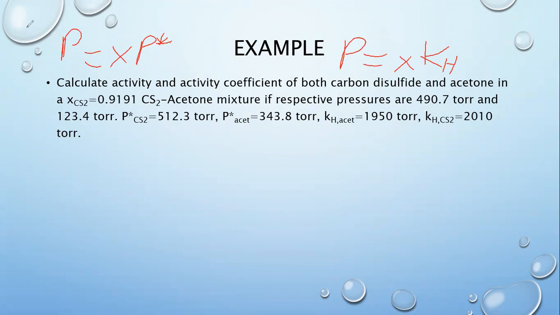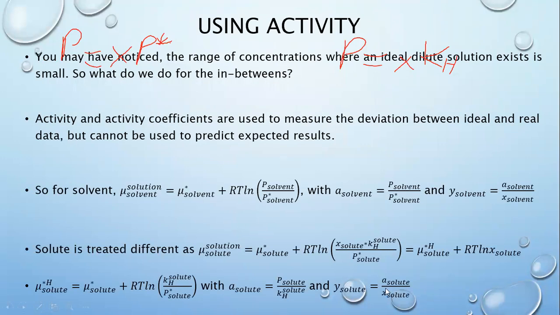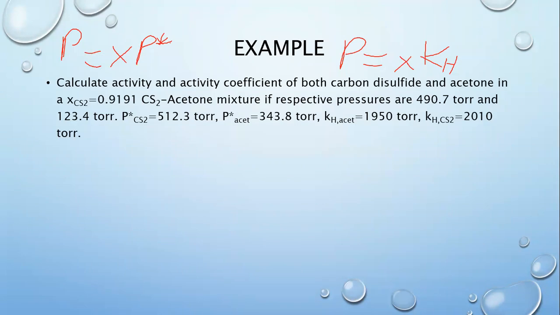Now I'm going to jump back one slide real quick to look at the activity and the activity coefficient. Here we go. Okay. The activity in this case is A. Activity is P over P star, and the activity coefficient is A over the mole fraction.